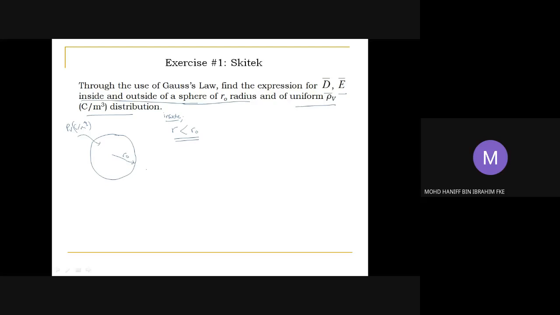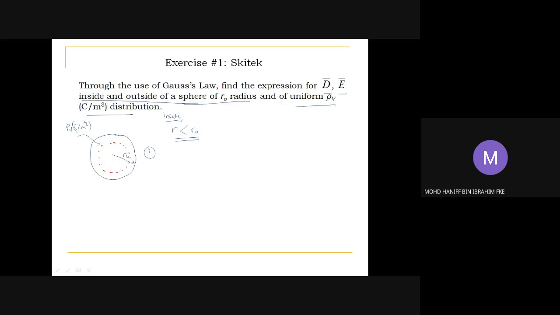So step one, you have to draw a Gaussian surface. What's the Gaussian surface for the spherical charge distribution? As what we have done before, the appropriate Gaussian surface to be used will be spherical also, a closed spherical surface.